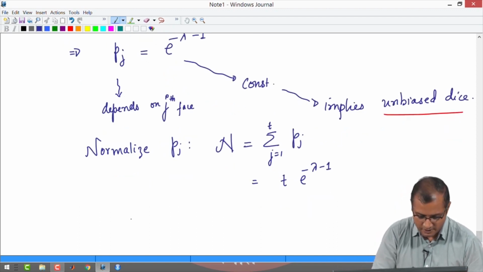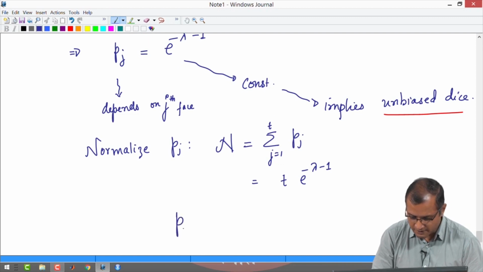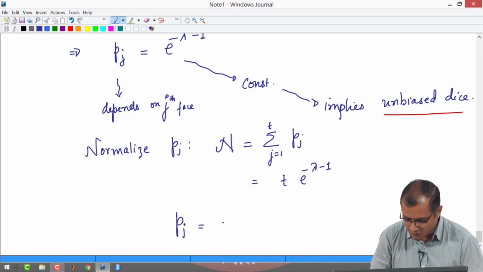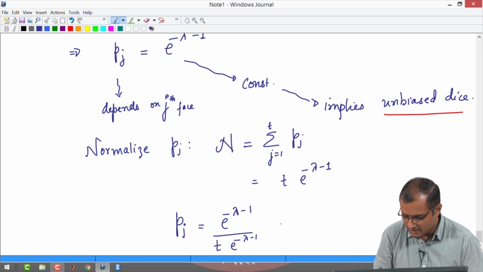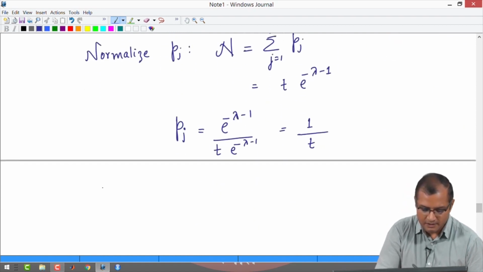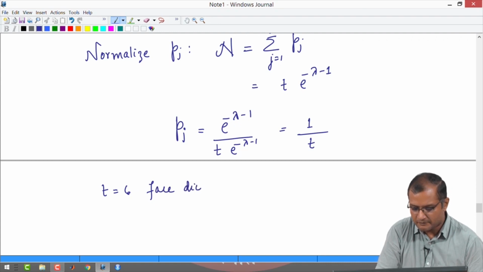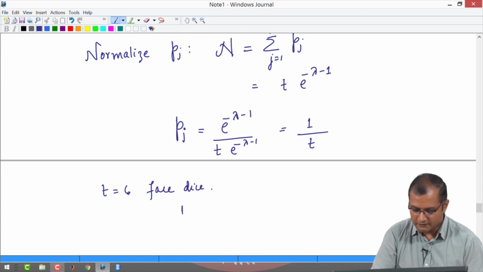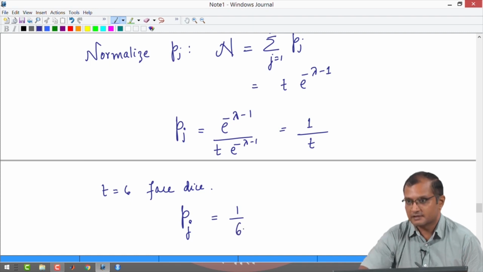So, the final normalized probability of a jth face is the unnormalized probability divided by the norm, which is simply 1 upon t. This is your answer. So, if you take a t equal to 6 faced die, then the probability of any face, let us say a jth face, would simply turn out to be 1 over 6.